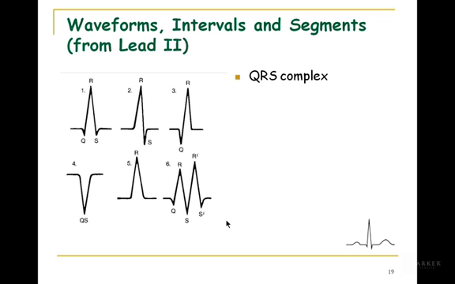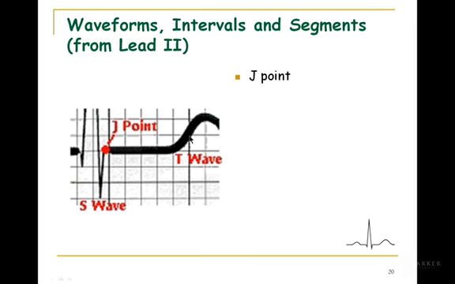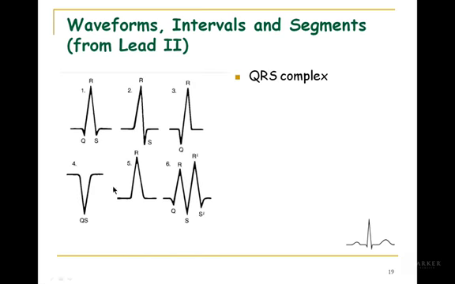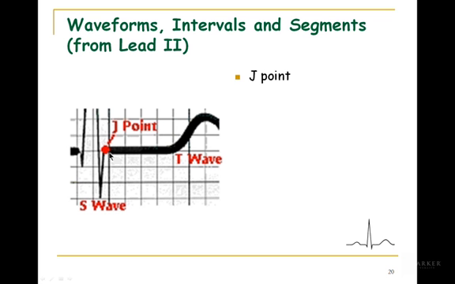Now, following the QRS complex, say right there, or let's go back, here, that's referred to as the J point. The J point is a very important reference point. This is the point where the QRS complex returns to baseline.